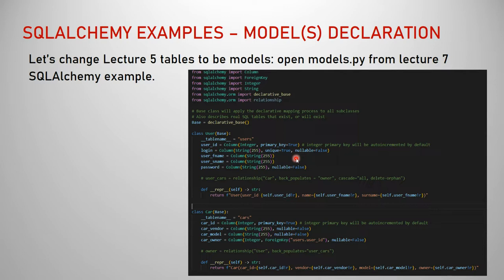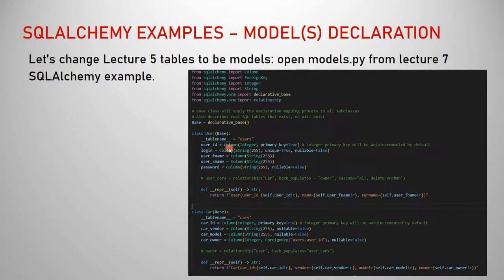And the idea here is the same, guys. It's kind of easy to create tables using the classes. So first, we will declare some base class. This will be done by declarative_base, a method or class that is coming from the SQLAlchemy ORM.